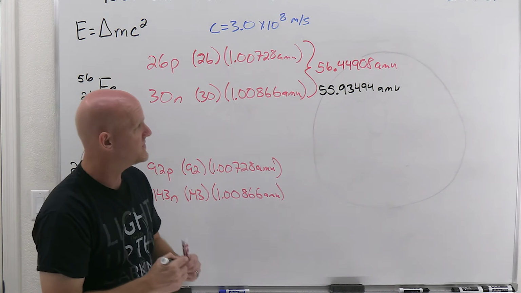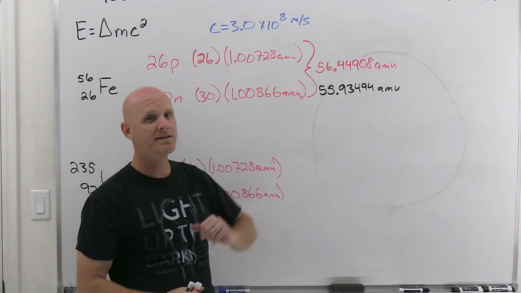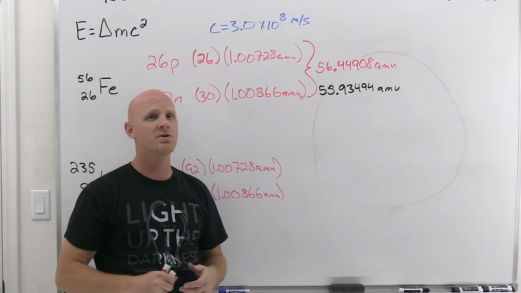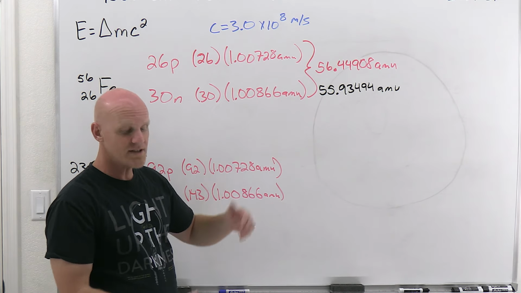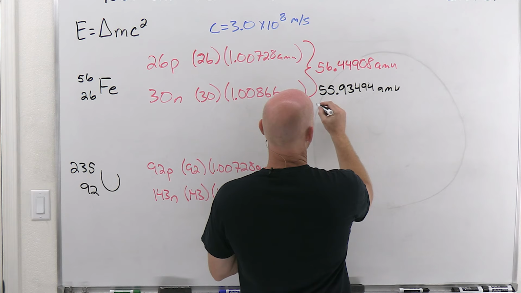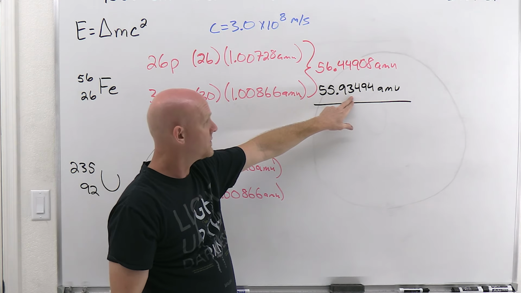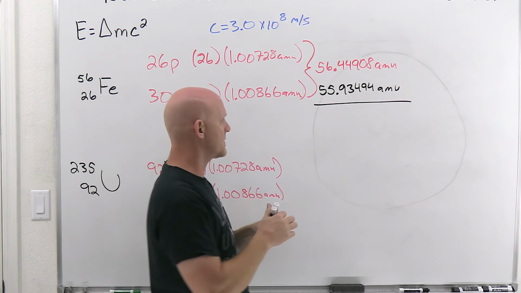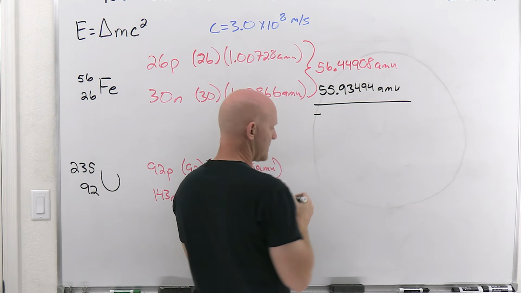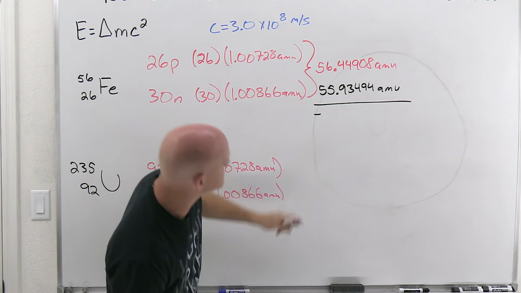And we can see that the nucleus weighs less than we'd expect it to based on just adding up the masses of all those protons and neutrons. And that difference between these two is going to be the mass defect. Technically, we should take the nucleus minus the total and get a negative number, but we will take this difference and plug in the absolute value anyway.